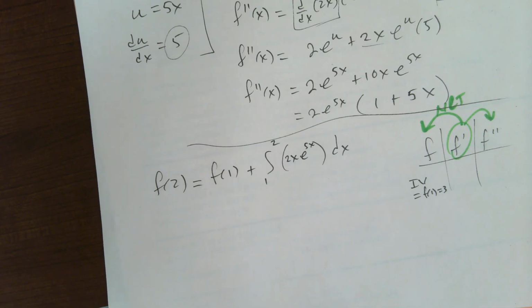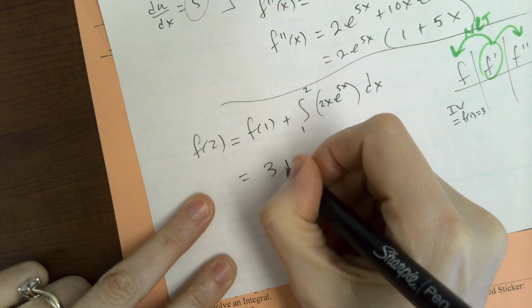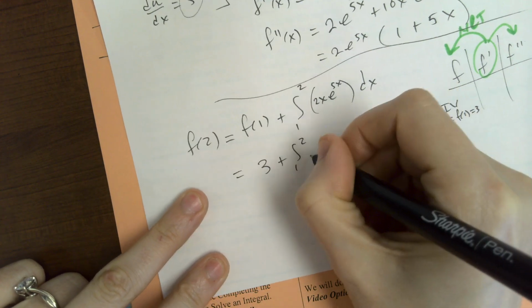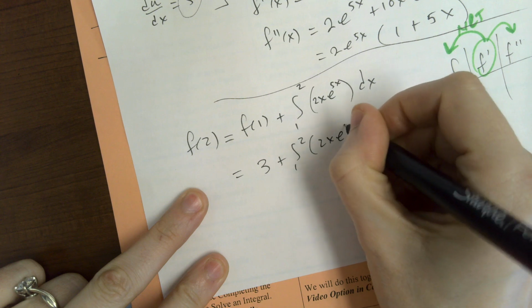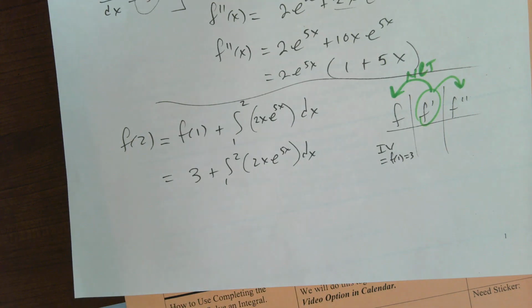All right, there we go. This is 3. So this is equal to 3 plus the integral from 1 to 2, 2x e to the 5x dx.